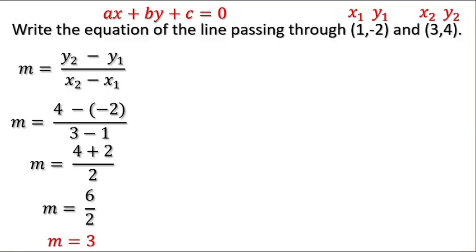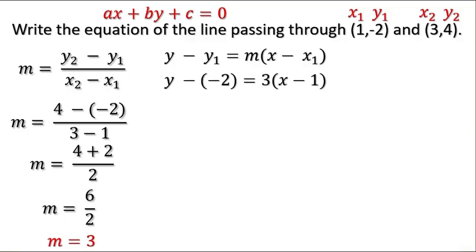Now that we obtained the slope, we can now get the equation of the line using y minus y sub 1 equals m times quantity x minus x sub 1. So here, we need to substitute this slope in our formula and our x sub 1 and y sub 1. By substitution, we now have y minus negative 2 equals 3 times quantity x minus 1.